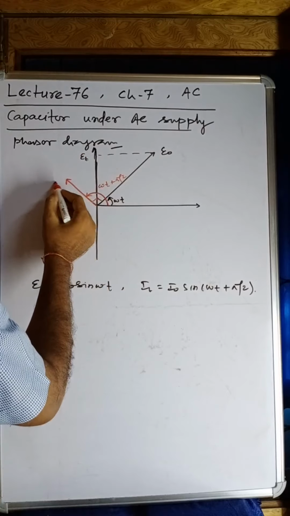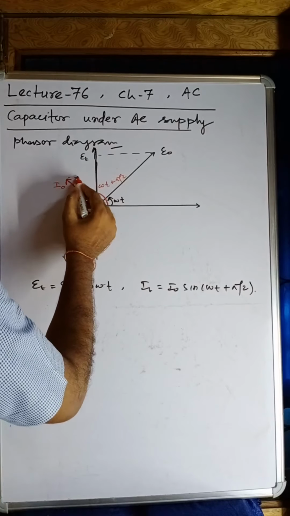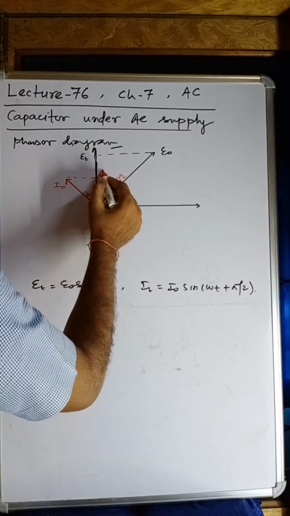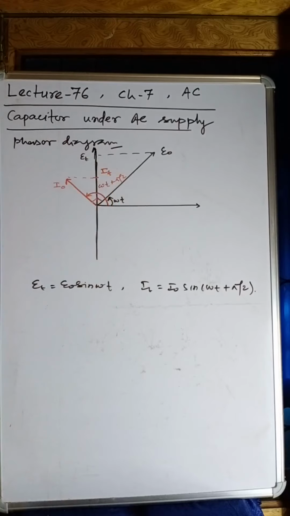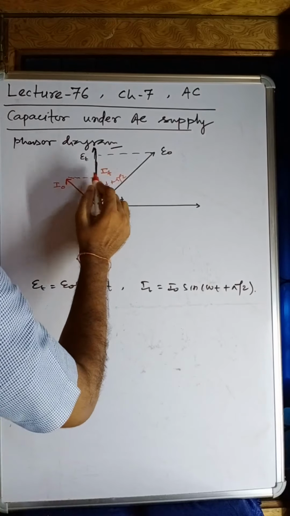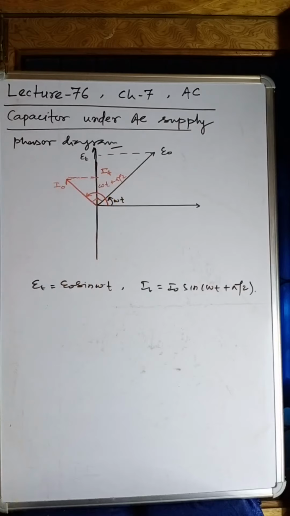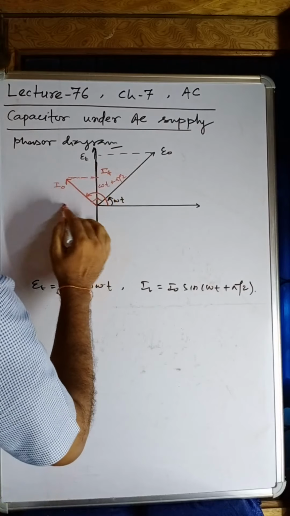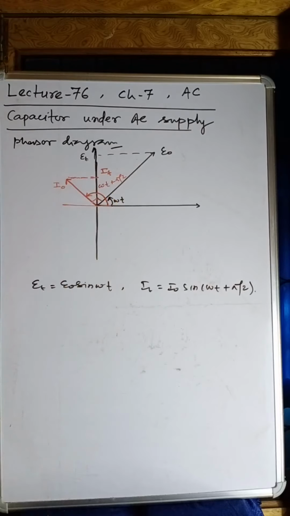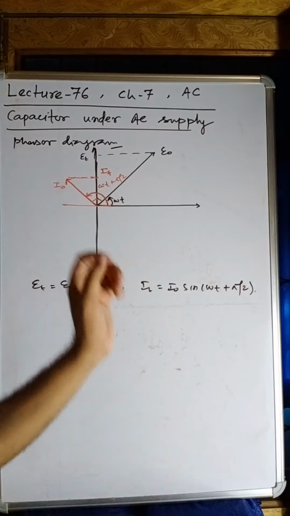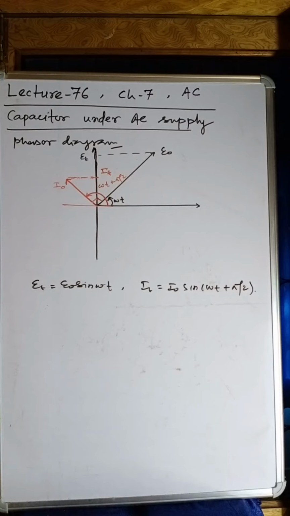And what is this? I naught. And this will give you I(t). Okay, so this is the phasor diagram of a pure capacitive circuit.